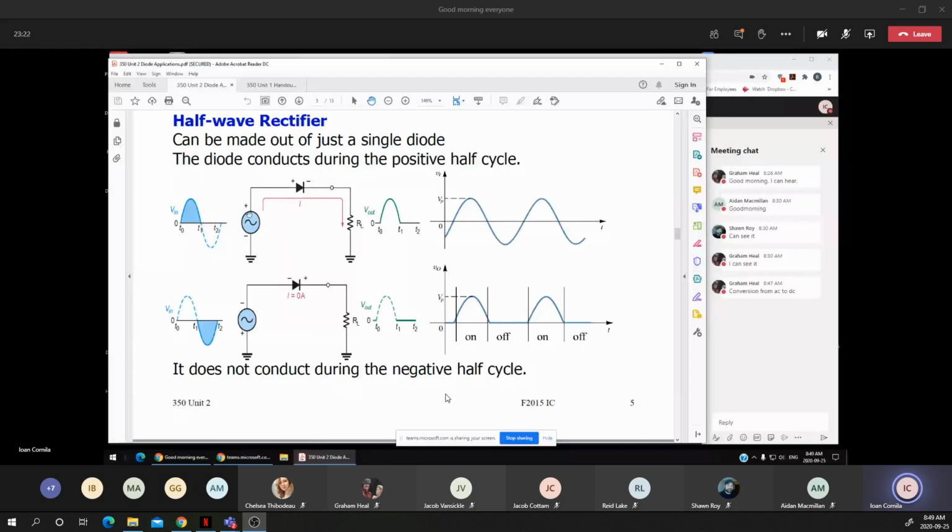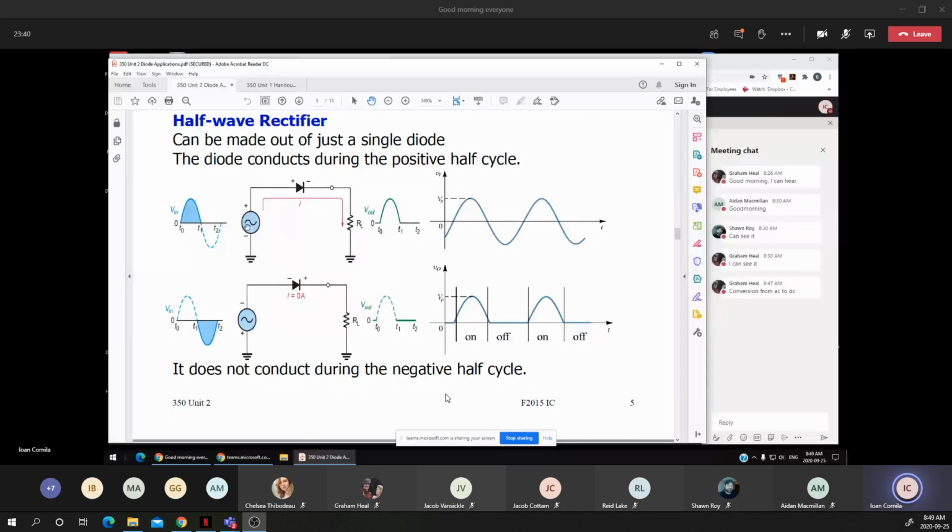You notice that for the first half, the positive of the voltage source is connected to the anode. The negative of the diode is connected to the resistor and back to the negative of the voltage source.